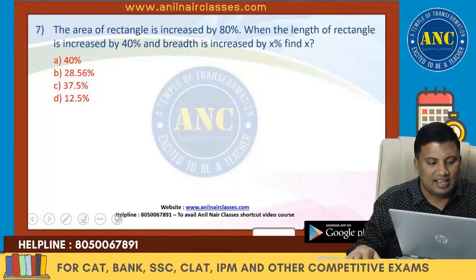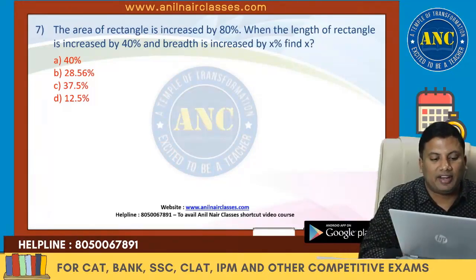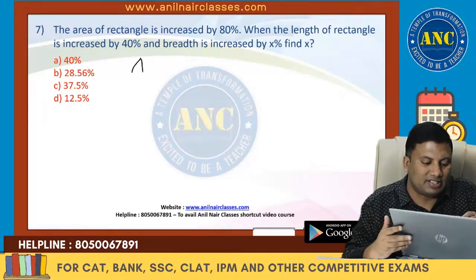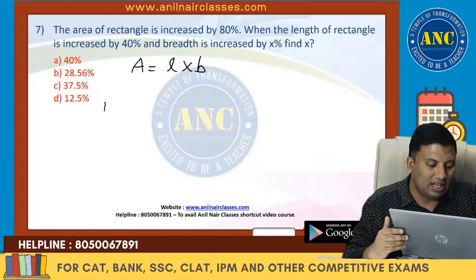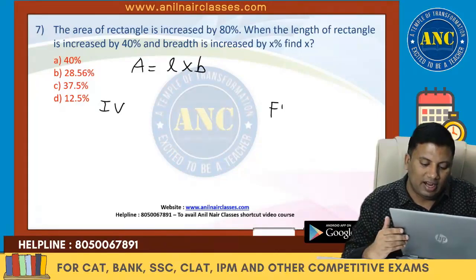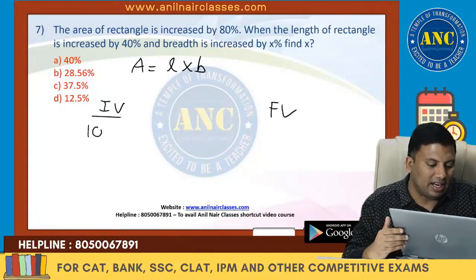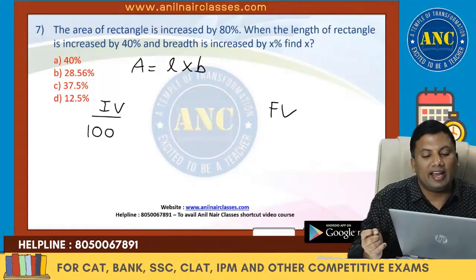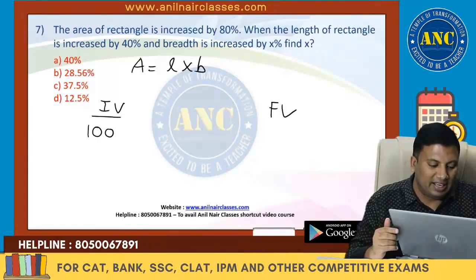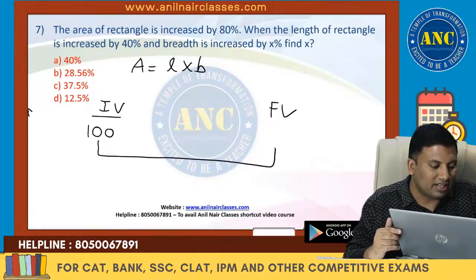Now let us see. If the length, area of a rectangle, now this is the concept which we discussed. Area of a rectangle is length into breadth. Initial value, final value. Initially if the area is 100, area is increased by 80. Method 1 it is.